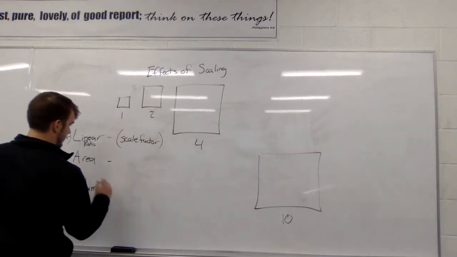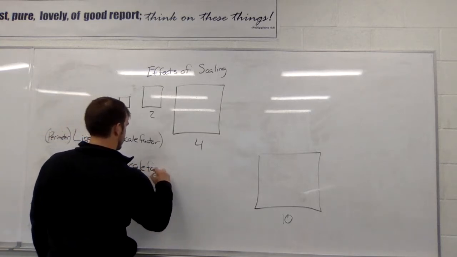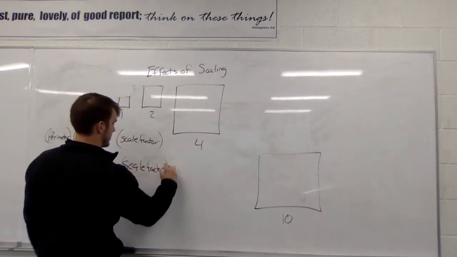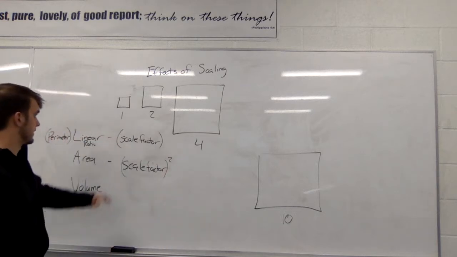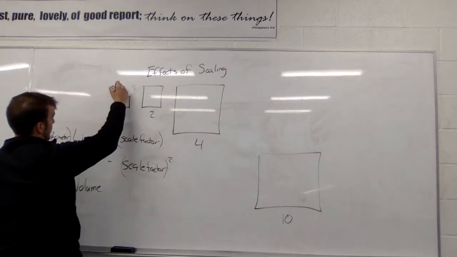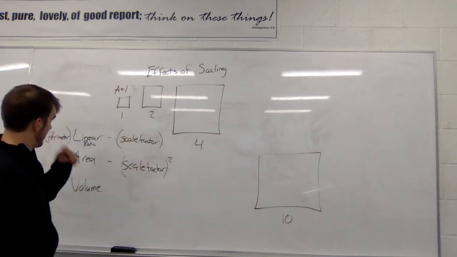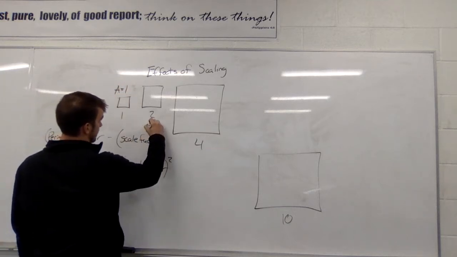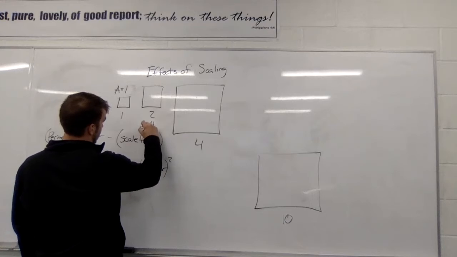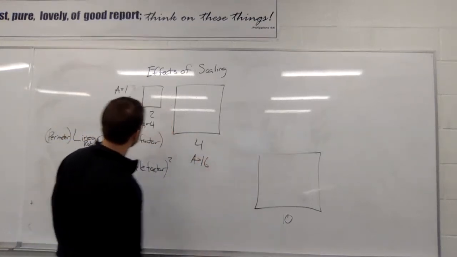For the area, then, you take your scale factor and you square it. So, for example, what is the area here? Well, 1 times 1 equals 1. So the area equals 1, and 2 times 2 equals 4. So the area equals 4. 4 times 4 equals 16.